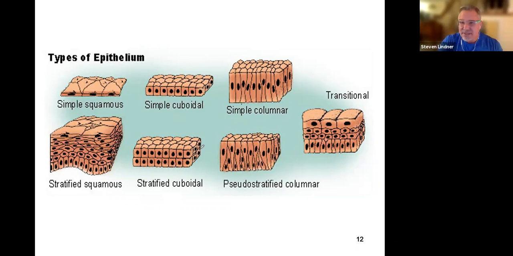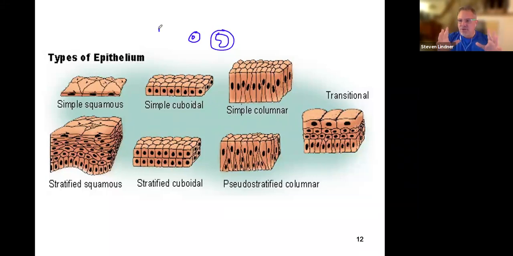Connective is the opposite, right? Connective tissue, we saw a little bit last week, where we may have a red blood cell here, and then we may have a large monocyte here, and then a platelet maybe here.